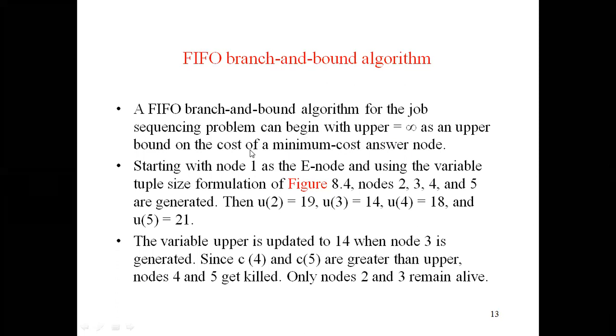Starting with node 1 as the E node and using the variable tuple size formulation of the figure, nodes 2, 3, 4, 5 are generated in that order.